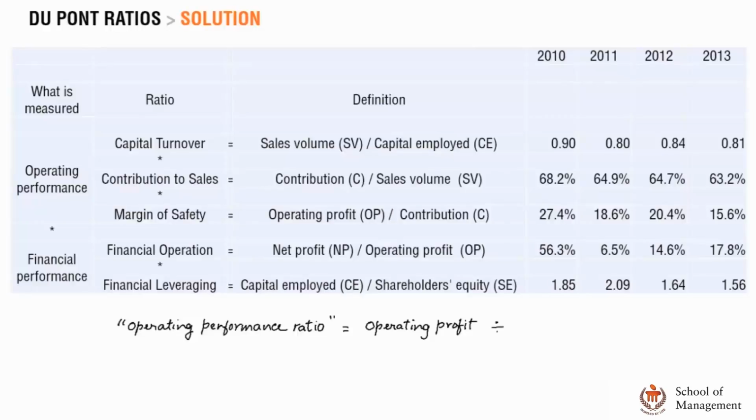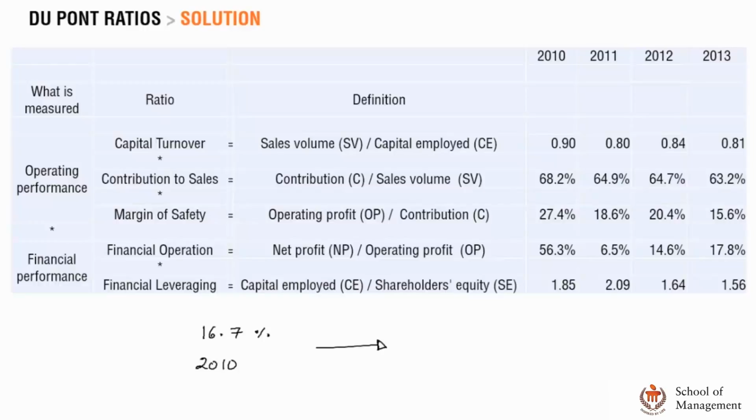This ratio, that is operating profit to capital employed, has slumped from 16.7% in 2010 to 8% in 2013.